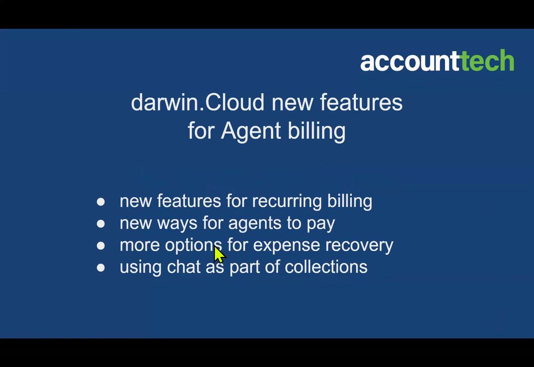We're going to talk about new options for classifying expenses for recovery from agents in the event that you paid a bill and they need to pay you back. And then finally, I want to spend a little bit of time going over how you can use the new chat technology to send text messages to agents to collect money from them if they didn't pay. So those are the things I'm going to cover today. So let's just dig right in.